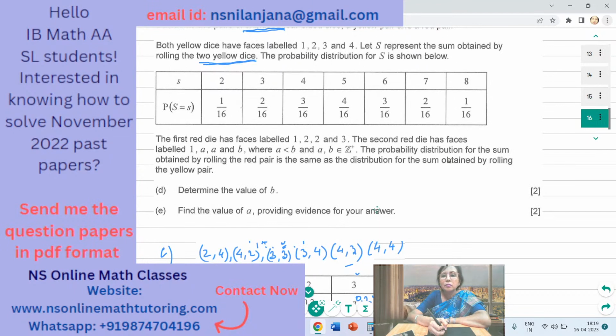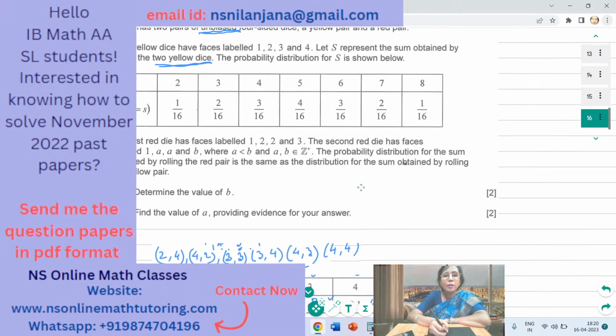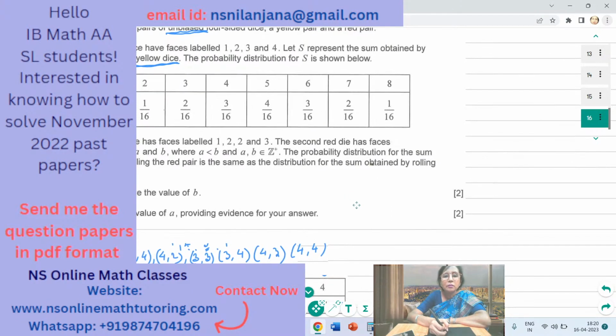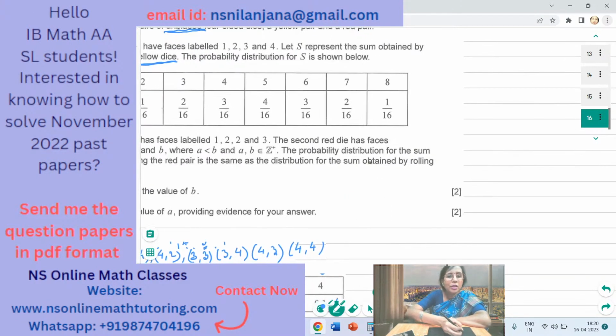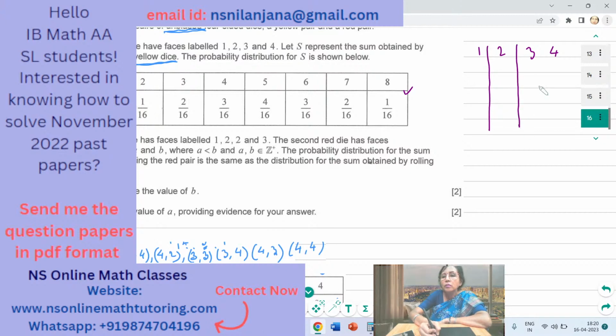In case you are confused about how they are getting the probabilities, I am just showing, although this is not required for the question. The sum will be taking 1, 2, 3, 4.